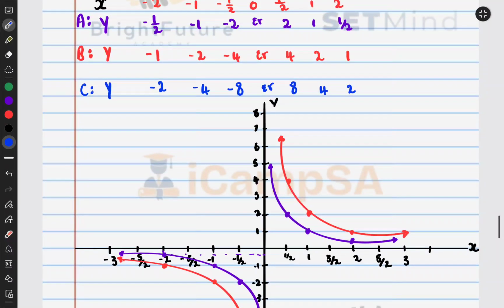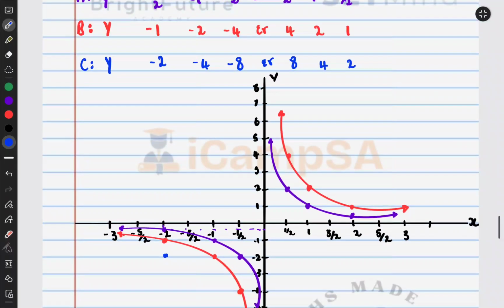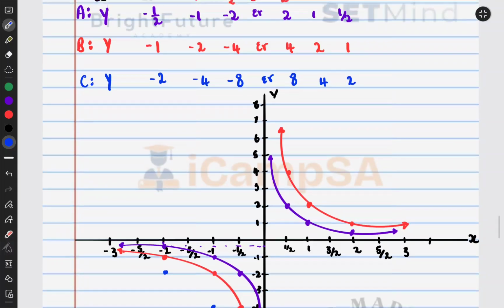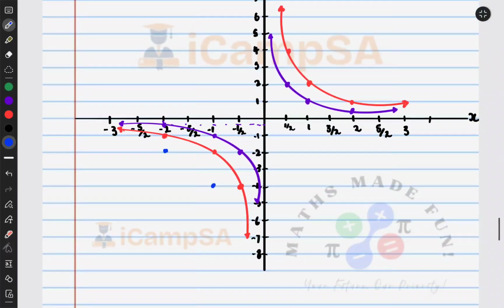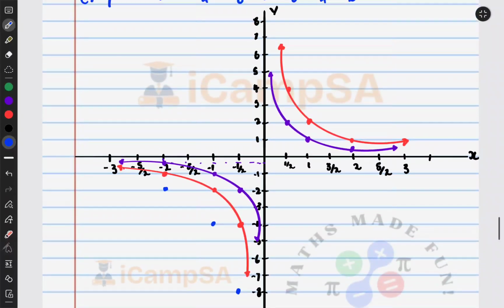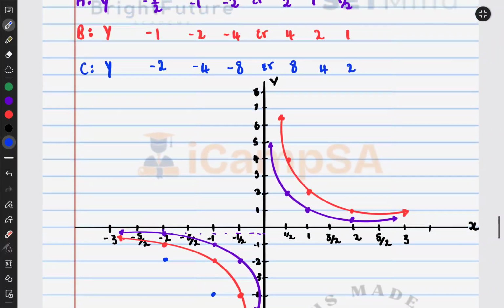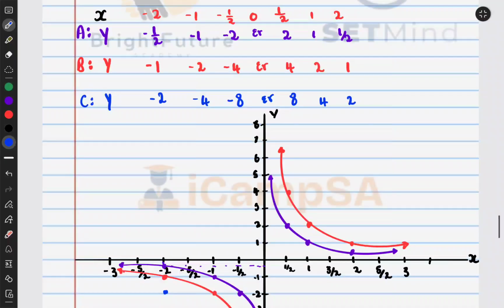We have -2 and -2, so we're gonna have a point here. -1 and -4, we're gonna have a point here, and -0.5 and -8. Okay, and then we have an error, that is our asymptote. We have 0.5 and 8. We have 1 and 4, and then we have 2 and 2.